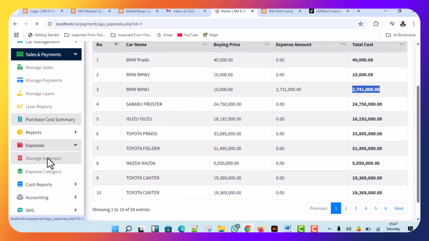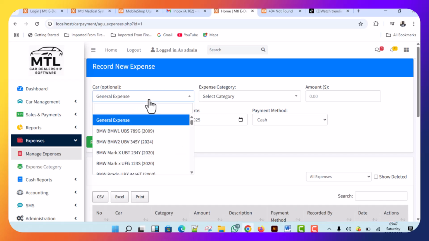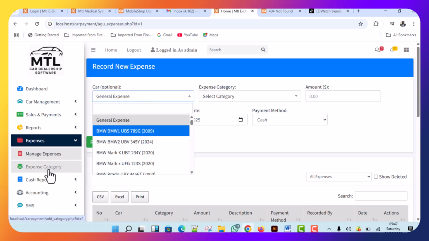Before we go to reports, let's look at expenses. We first look at the categories.